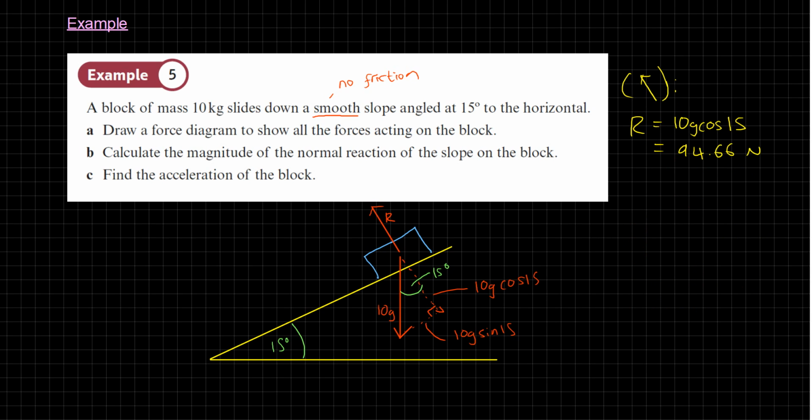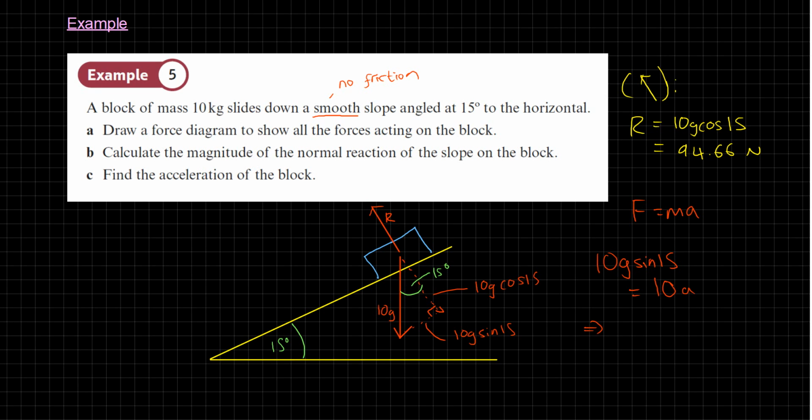Part C, find the acceleration of the block. So we're going to have to resolve in the other direction. The resultant and this component here aren't doing anything in terms of moving the block up or down the slope. So we're focusing on this component here. That's 10g sine 15. So we're going to use F equals ma. And in this case, our force, that's the 10g sine 15, along the plane, is equal to the mass, which is 10, times the acceleration.